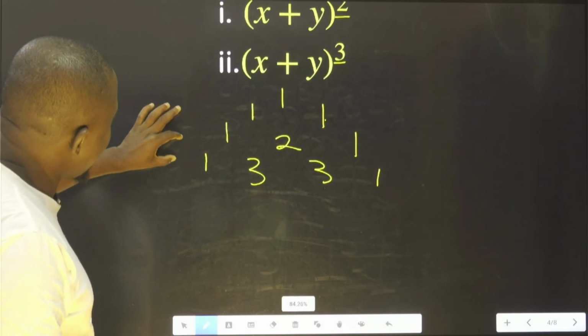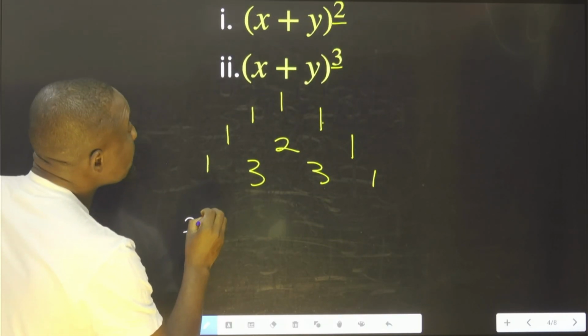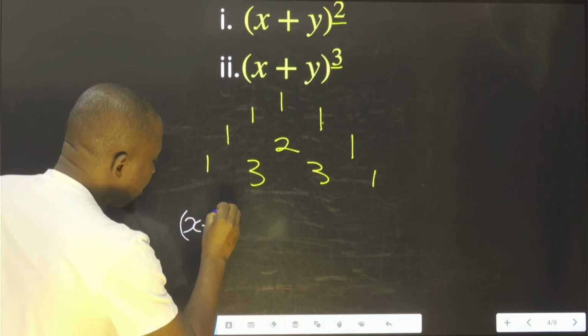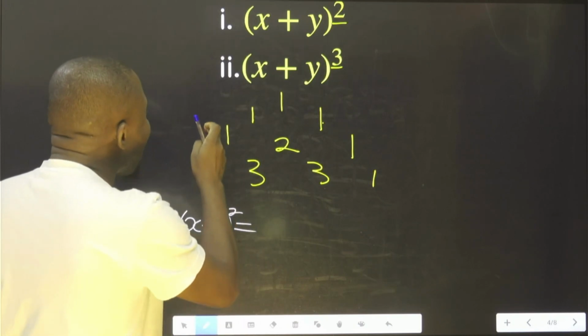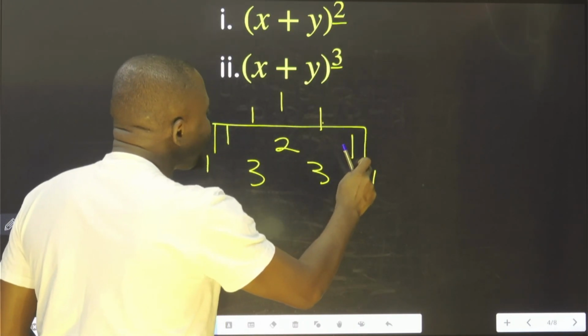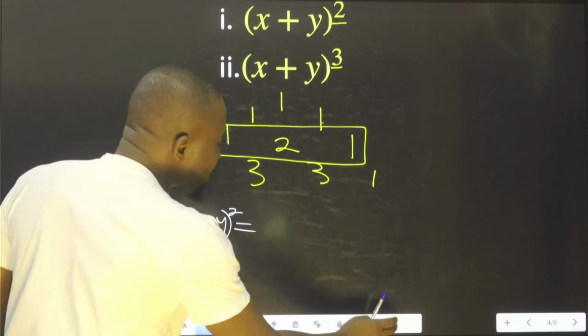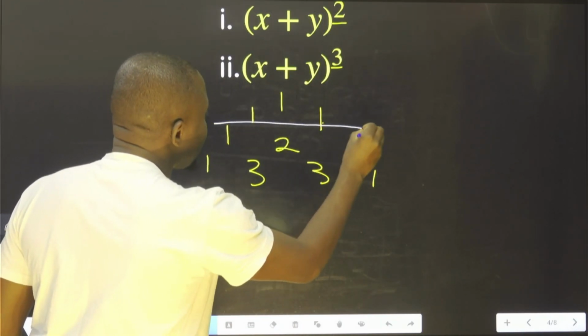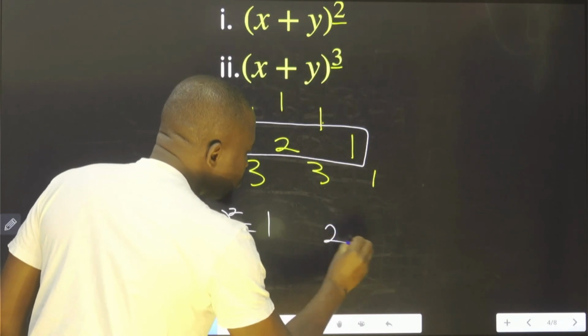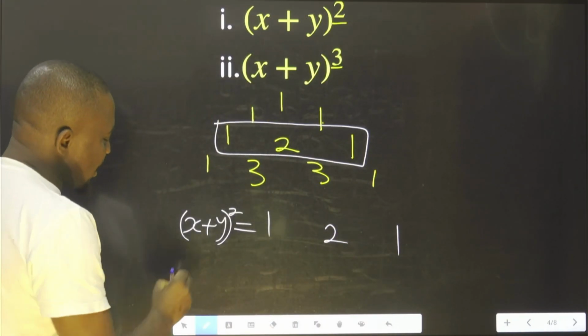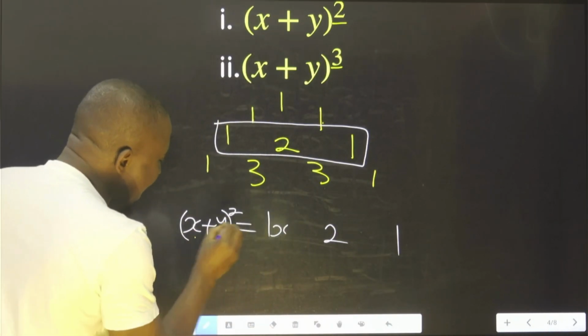That is to say, (x plus y) to the power of 2 is equal to... the first thing I need to do, because I know that this line is for it, I will simply concentrate on this line. Okay? By writing out 1, 2, 1, the coefficients. Then I combine the x and y.